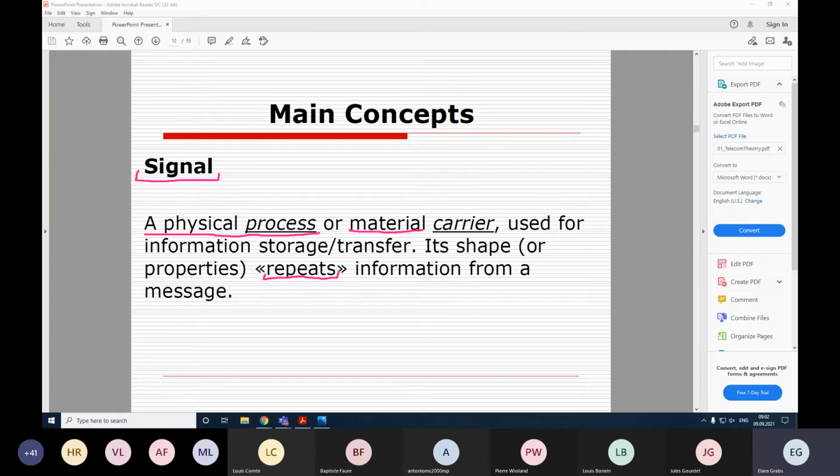The simple example is an electrical signal, rectangular pulses representing zeros and ones. This is, for example, voltage, the flow of electrical particles.